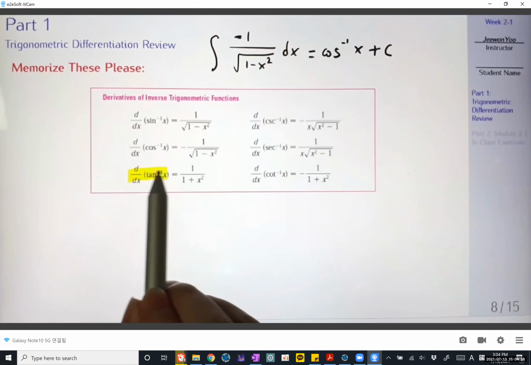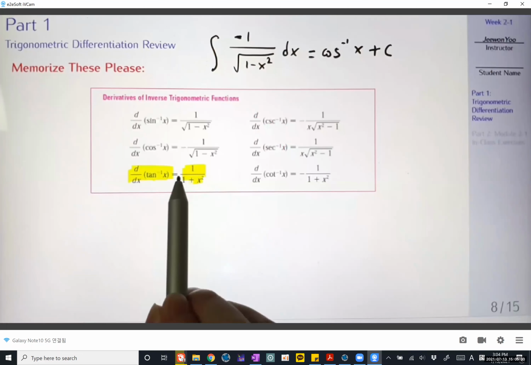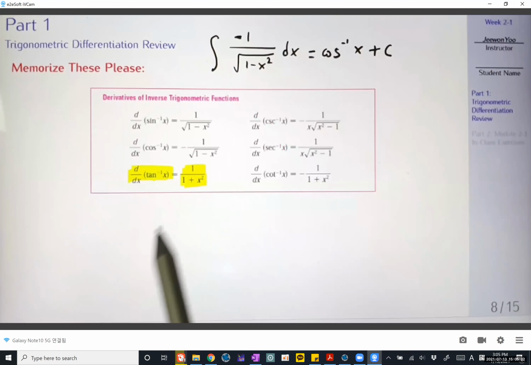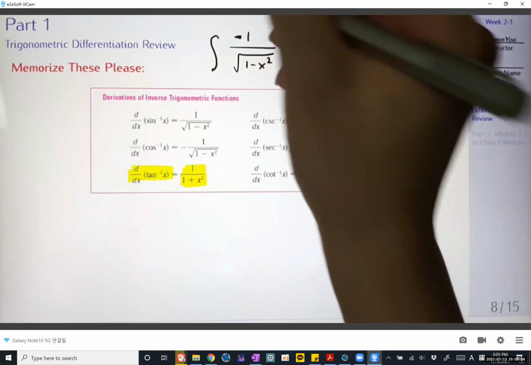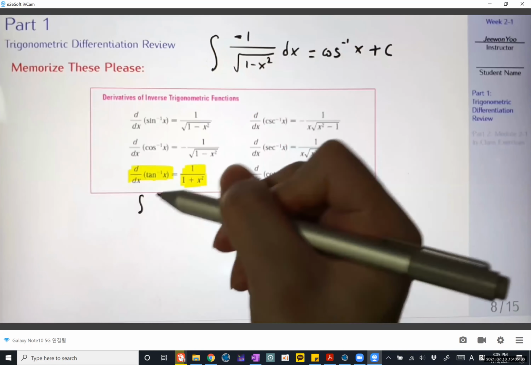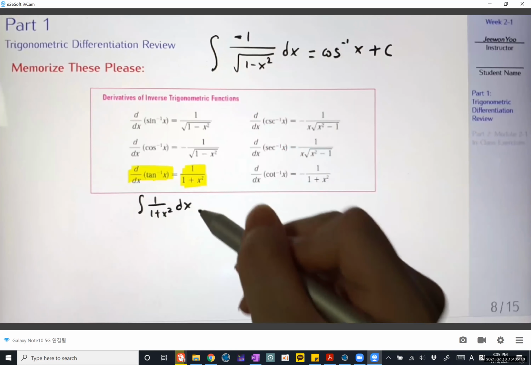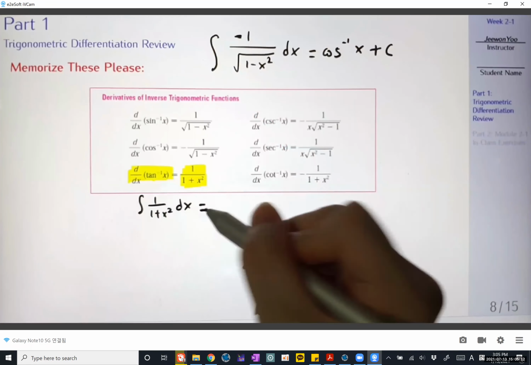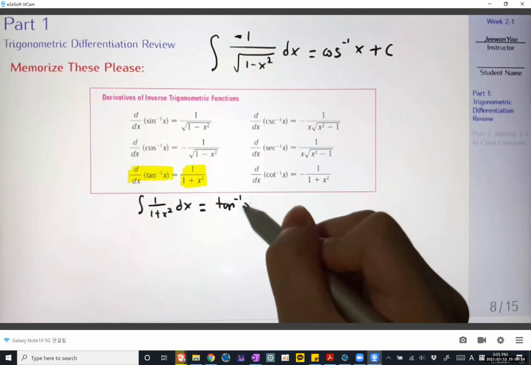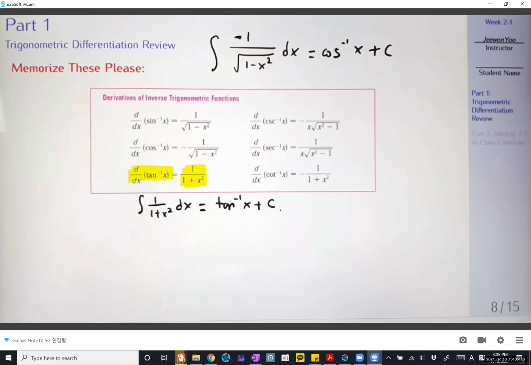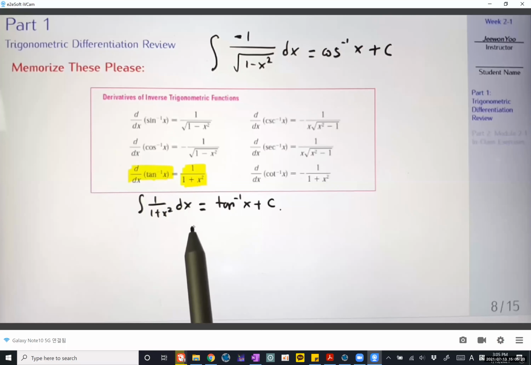The derivative of tangent inverse is 1 over 1 plus x squared. In other words, the integral of 1 over 1 plus x squared dx is equal to inverse tangent x plus c. Okay.